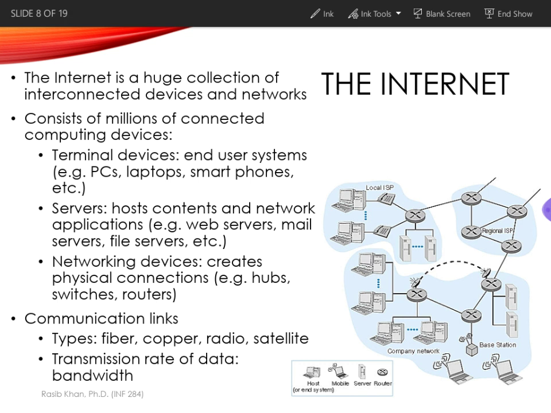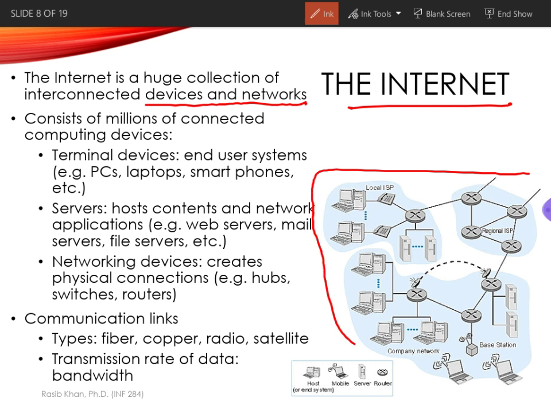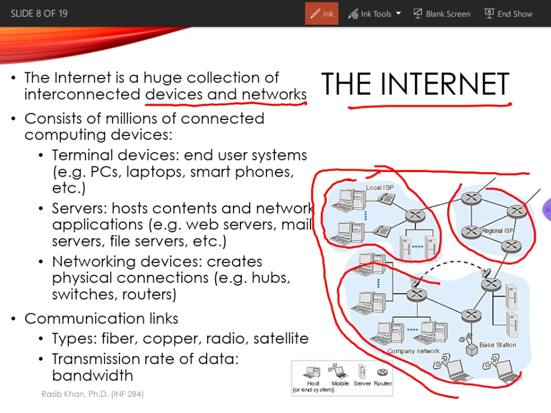So what is the internet? The internet is nothing but just a huge collection of interconnected devices and networks. So the image here shows a very simplified form of the internet where you can see different local networks being connected to each other, and they have many different kinds of devices.